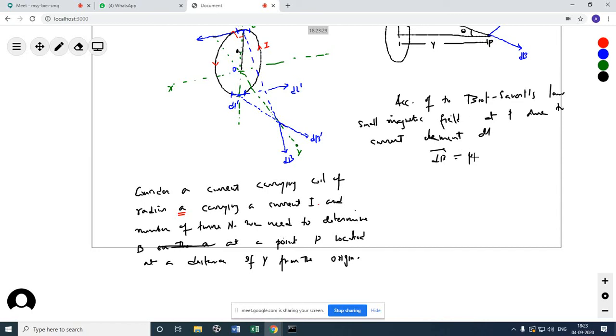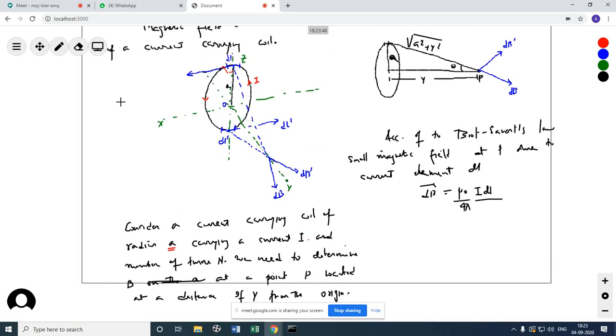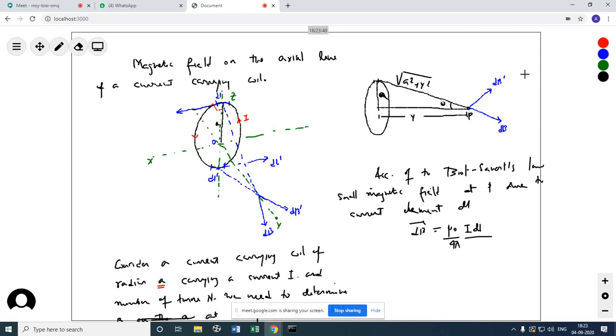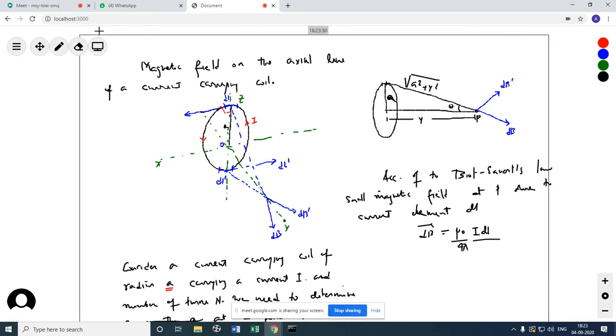Located at a distance y from the origin, or from the center of the coil. So this distance, how much am I saying? It is y.